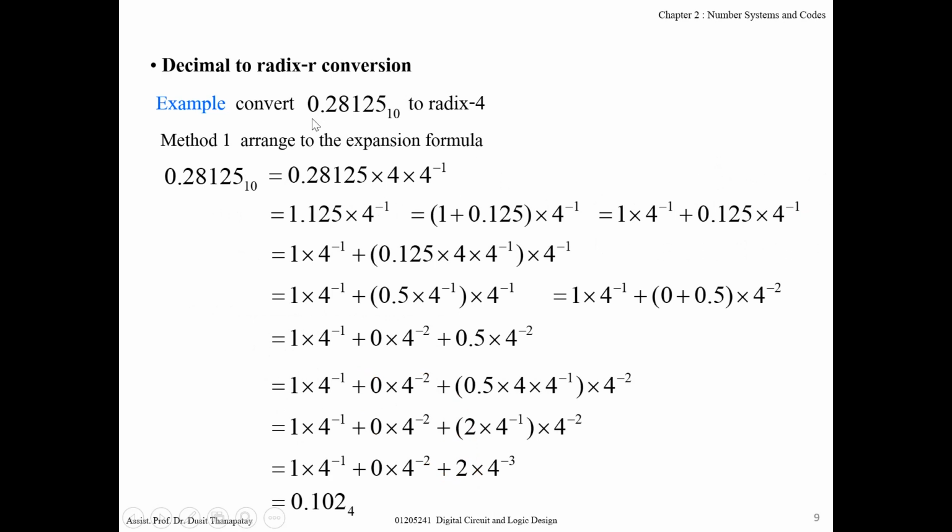If I want to convert this 0.0 something again to radix 4. Okay, let's see our objective. You should write in this form, namely some coefficient that may be 0, 1, 2, and 3, right?